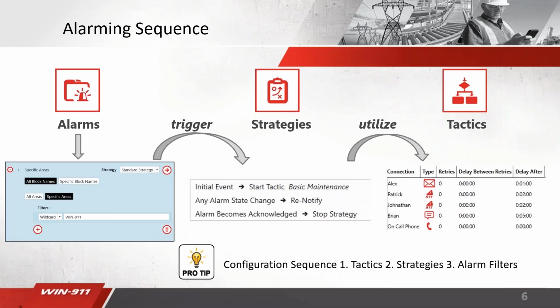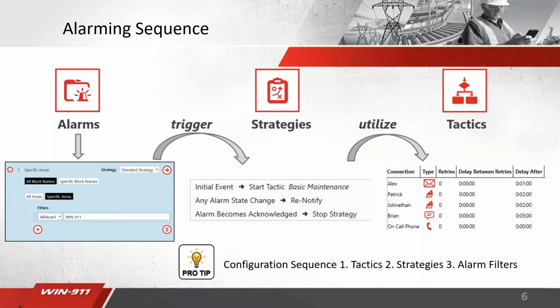So real quick, before I get into each part of the log viewer and what it looks like, this is the sequence of alarming. You set up your alarms in whatever your data source is, your SCADA, iFix, FactoryTalk, InTouch, and then the alarm is set to a strategy, right? You can see there in the screenshot, go into standard strategy, and then the next one is the strategy settings itself.